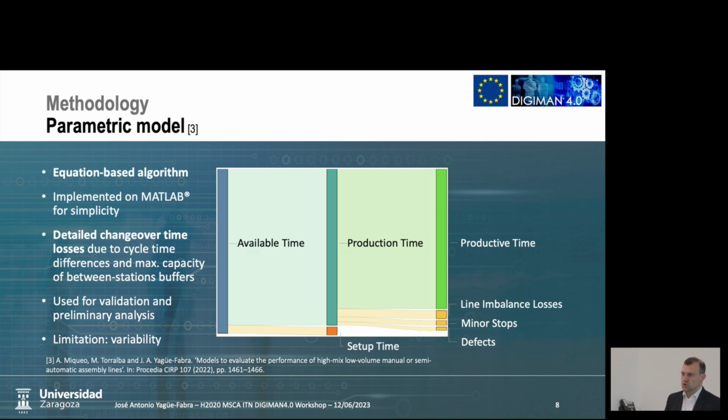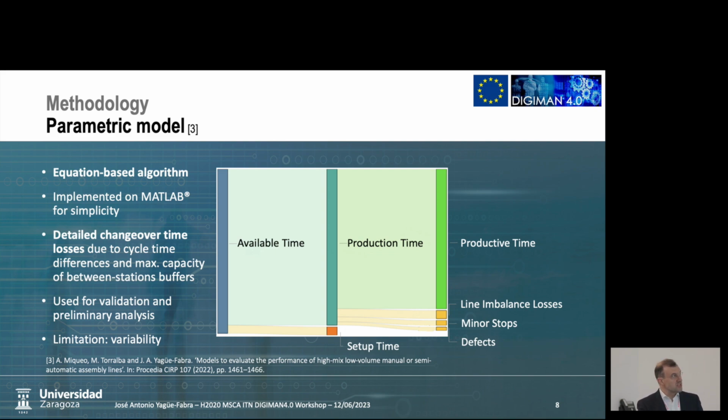And we also used something similar to OEE that was also mentioned before. In order to establish those KPIs and all those parameters that we needed, first we started with a parametric model with all the equations. We modeled everything with equations using MATLAB in order to get some preliminary results.